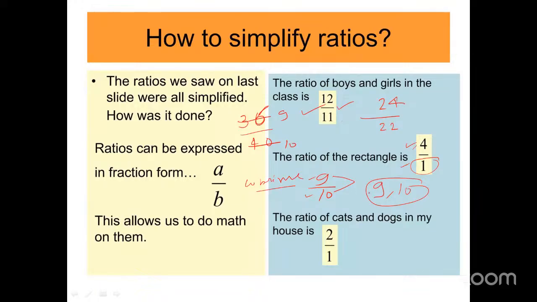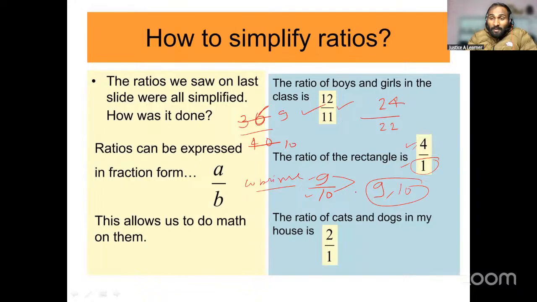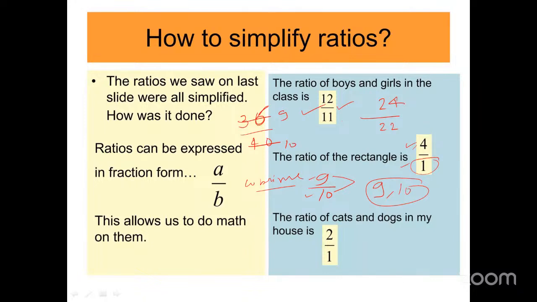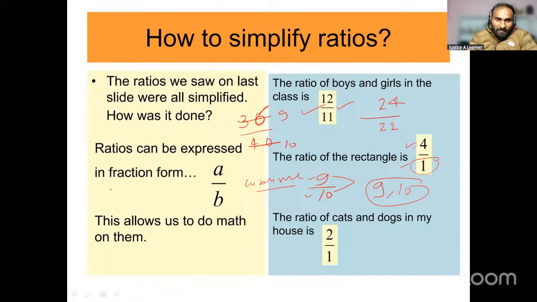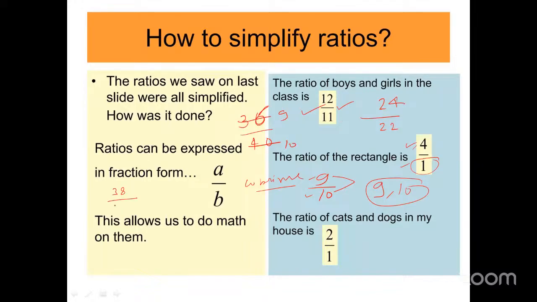So when you do simplifying ratio, your ratio answer should always be co-prime numbers. And co-prime numbers would always be in a pair, right? One more example I'm giving you: 38 and 30.